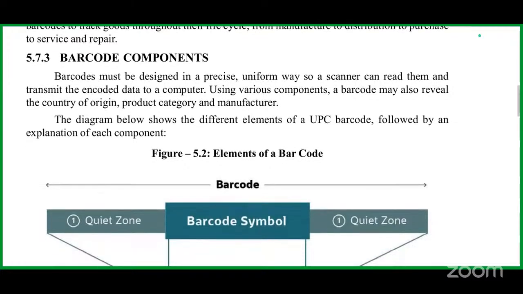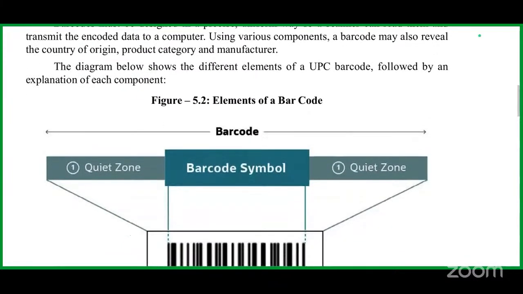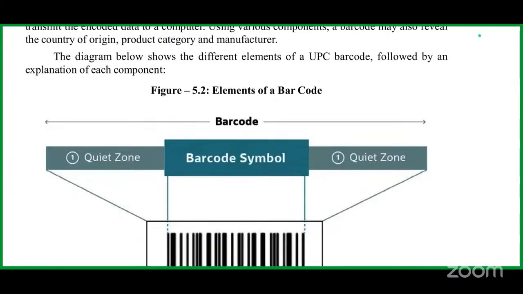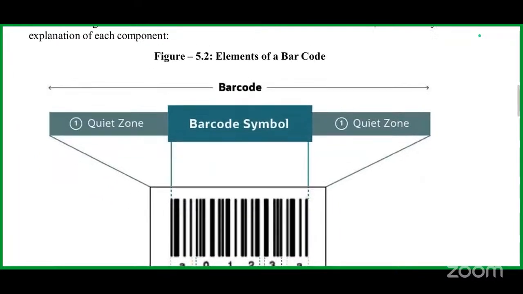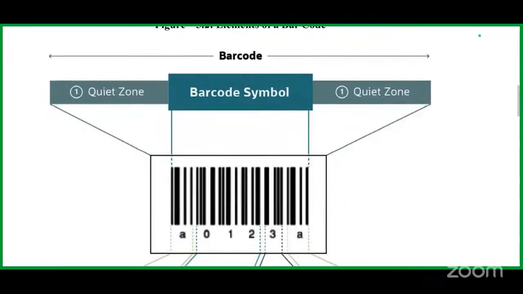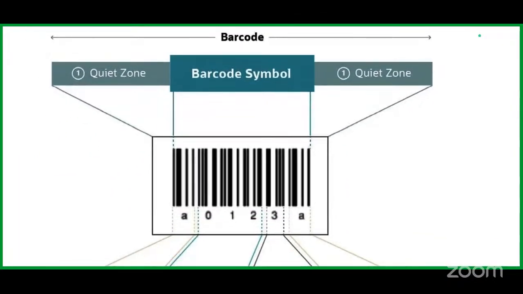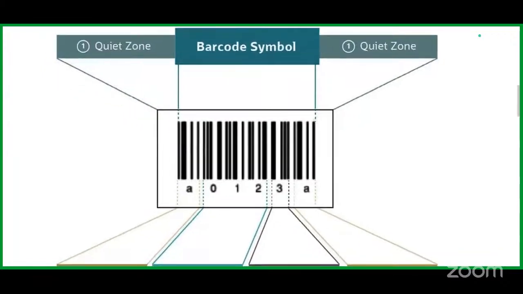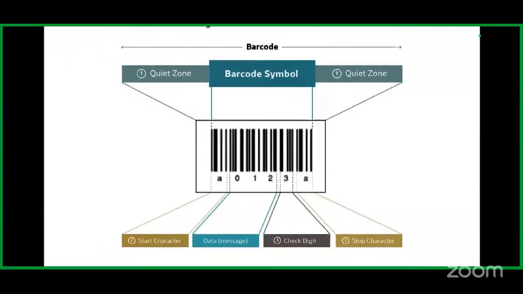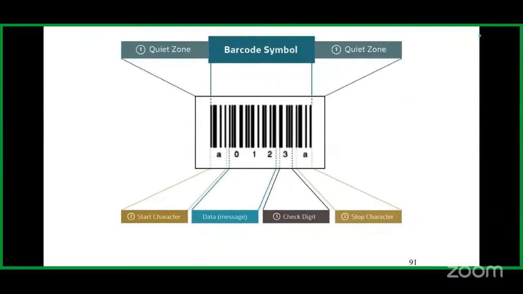If you look here, there's a diagram which depicts the different elements of a UPC barcode, followed by an explanation. You can look at the elements of a barcode: a quiet zone, the barcode symbol, and a quiet zone. The start is a character. The next numbers are the data message. The next one is the check digit.